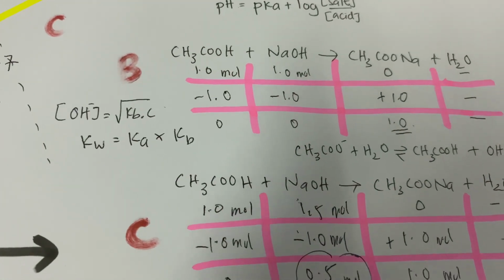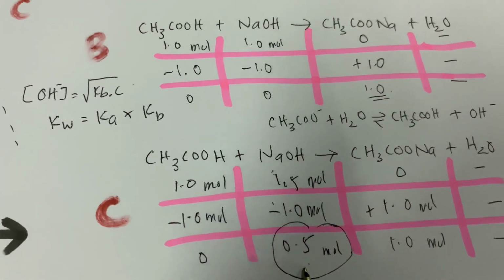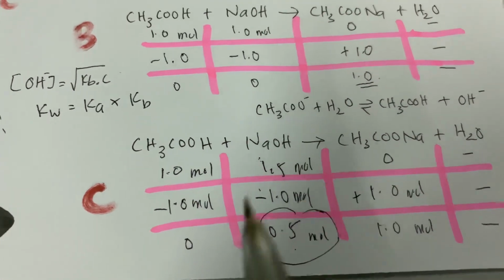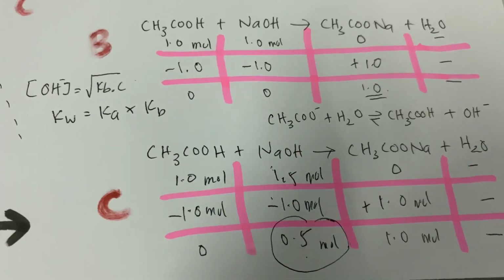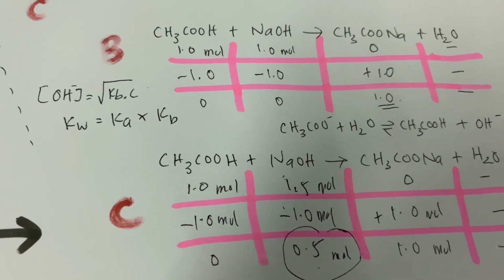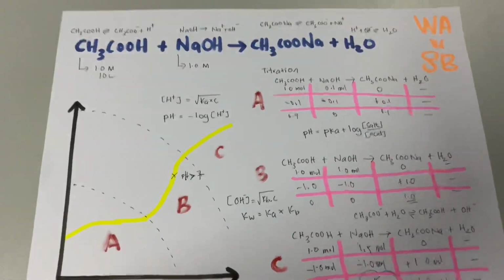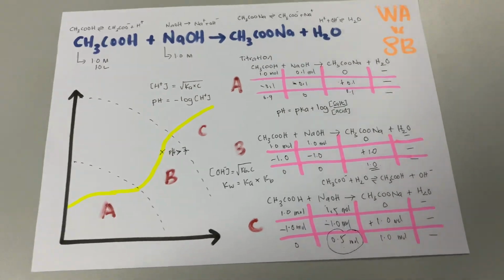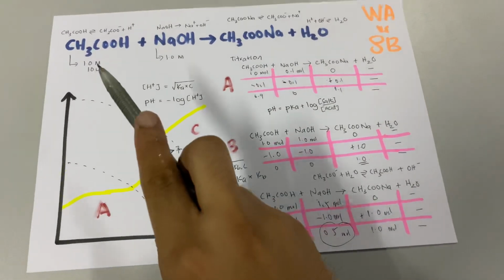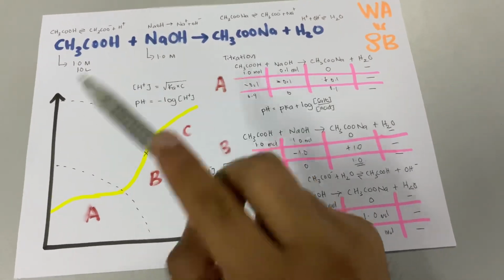How to get this value? You just directly negative log the value of the OH minus concentration, which is this one. If you negative log that value, you get pOH, and then you can get pH from there. So that is how you calculate the pH for the titration between weak acid and strong base.